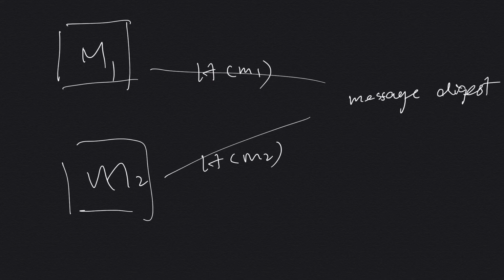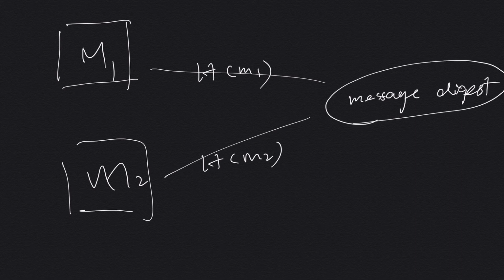If the hash values of the two messages are the same, the message digest is the same, so you can say that these two messages are the same message. They are technically the same.